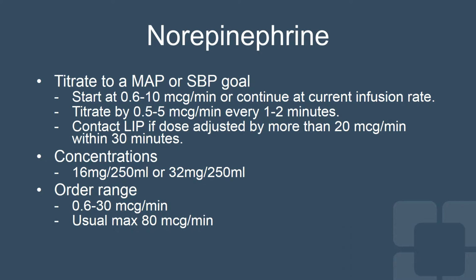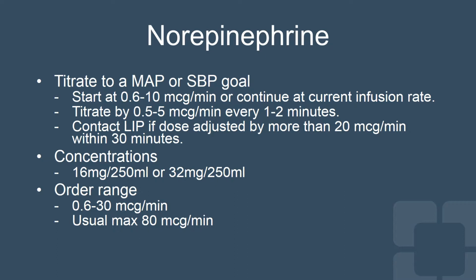Now these are important to take into consideration because it is also still patient specific, even though we do have those numbers. Now you'll start at 0.6 to 10 mics per kilo per minute, or continue at the current infusion rate. That is our starting dose, and then there is a range within that starting dose. So you really have to take into consideration the clinical status of the patient.